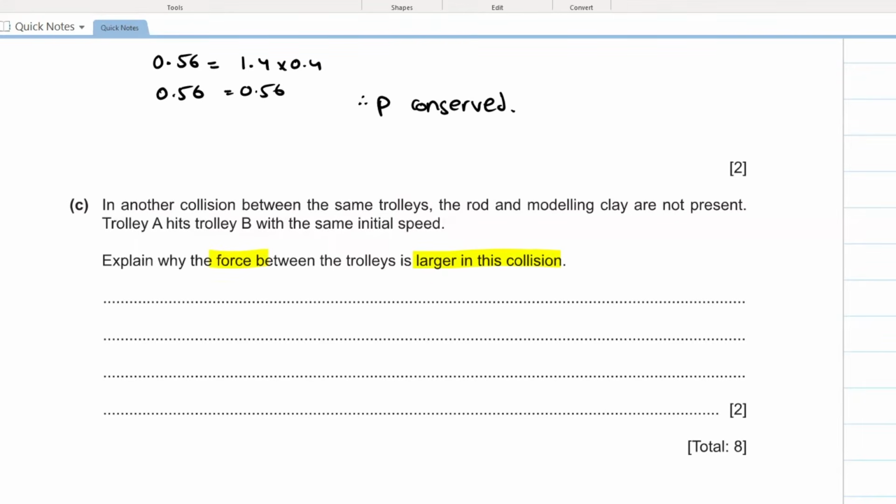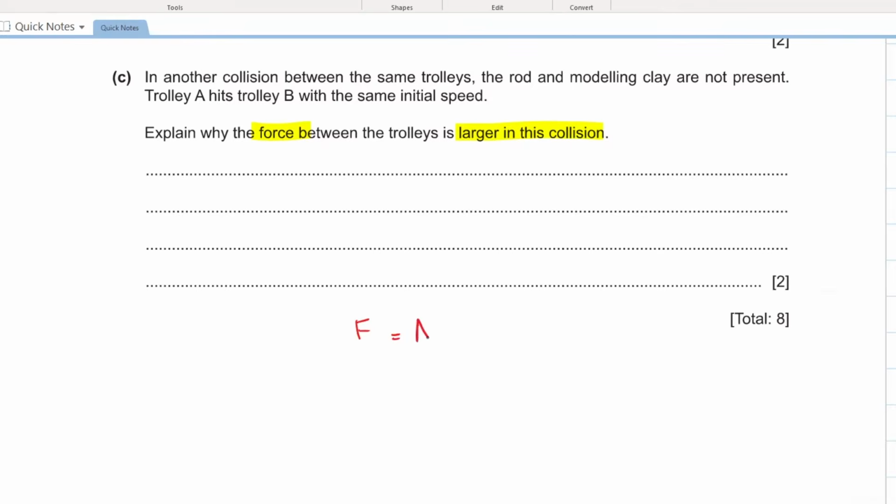Explain why the force between the trolleys is larger when you have removed the molding clay. If you realize, force is equal to change in momentum over change in time. If the molding clay is not present and the rod is also not present, the time for collision decreases.